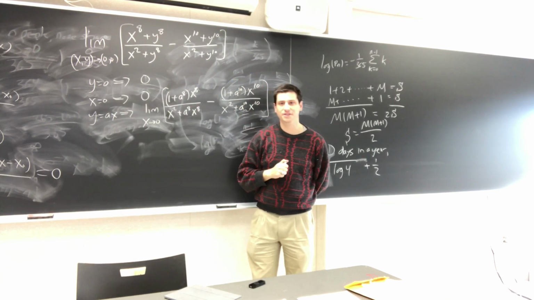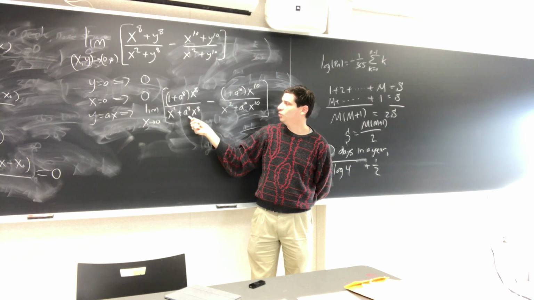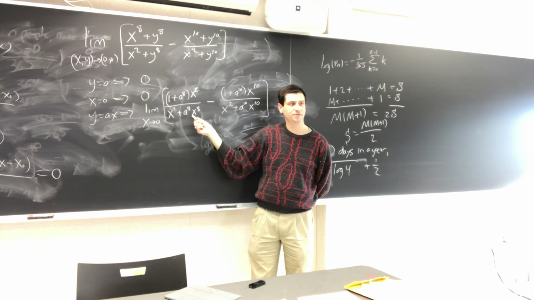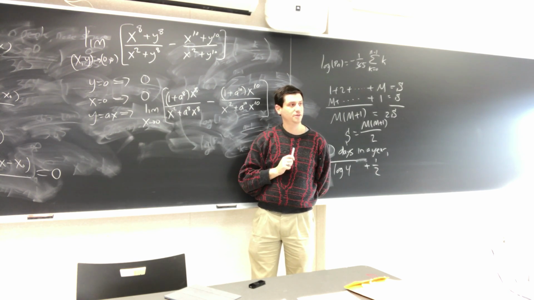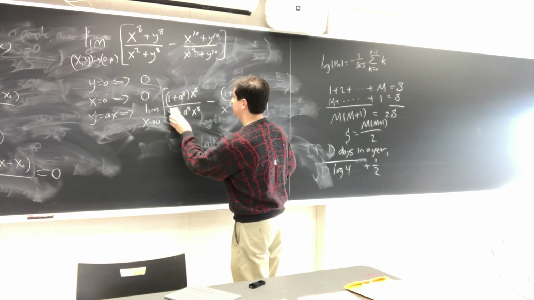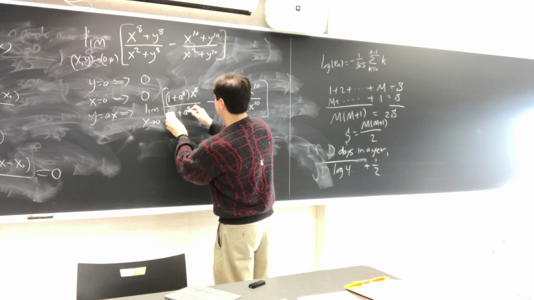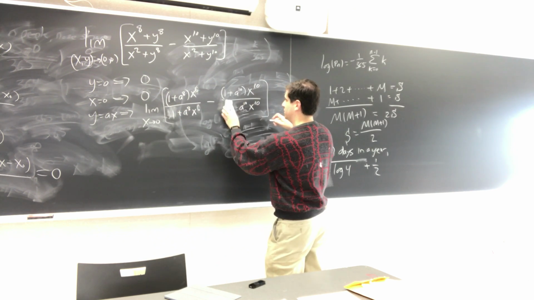This is a little bit more involved. Well, this is an x to the 8th. What could I pull out from the denominator? An x squared. If I pull out the x squared, this is now just 1 plus x to the 6th. And similarly over here, I can pull out an x squared.